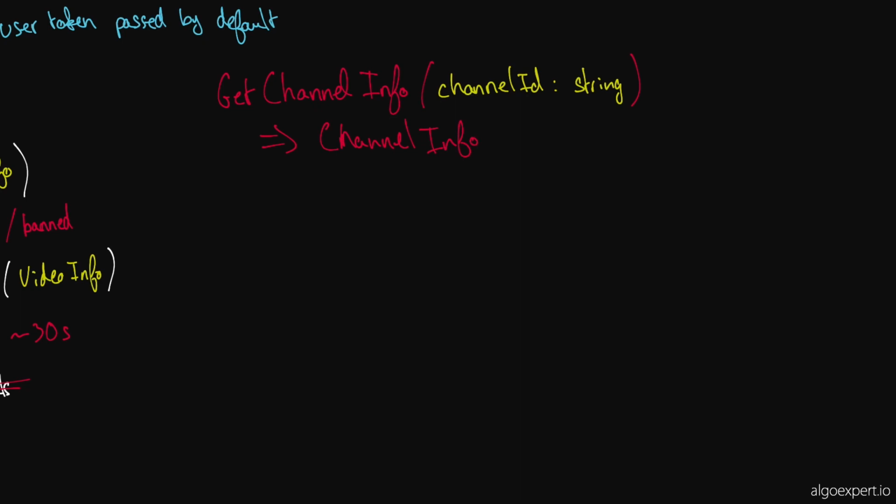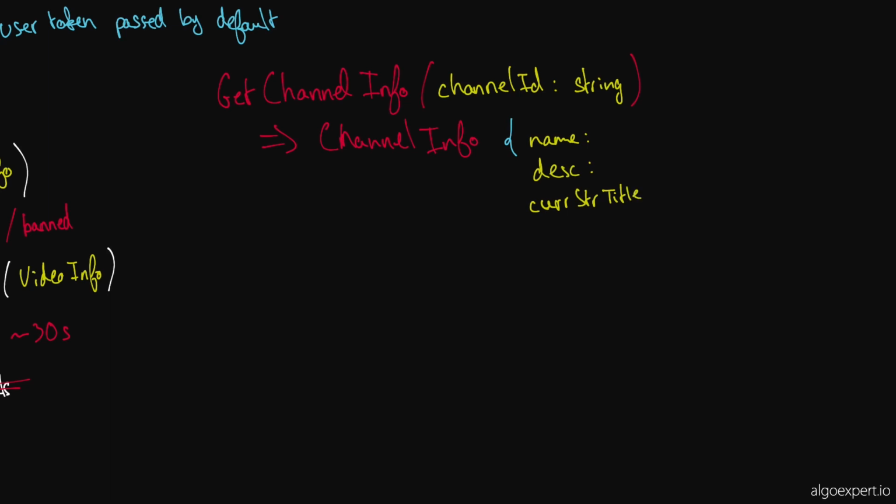And this entity, maybe I'll just define it right below here. This is all pseudocode, right? Channel info is going to have a name. It's going to have a description, so I'll put desc. It's going to have a current stream title, I'll just put cur str for stream title.